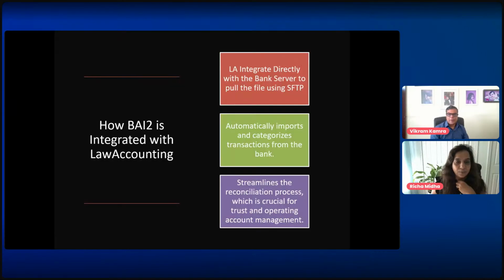Another beauty of that is, once we know what kind of transactions these are, we have an AI feature in the system which looks into the reference inside your bank transaction, the description the bank sends with each transaction. We read that and look at the BAI2 code to figure out if there are already existing transactions inside your system, either trust or any other operating.